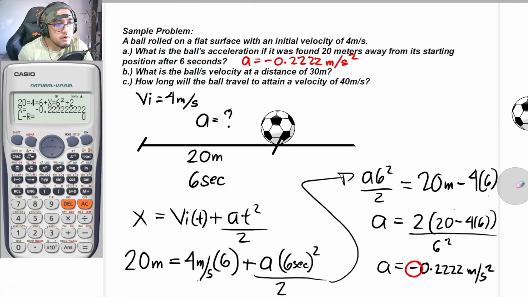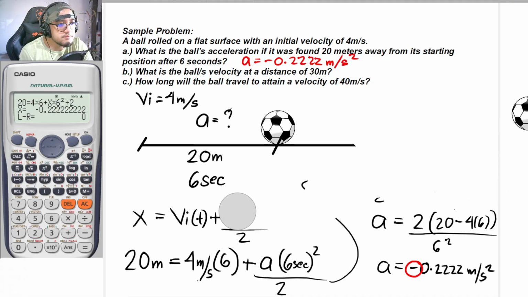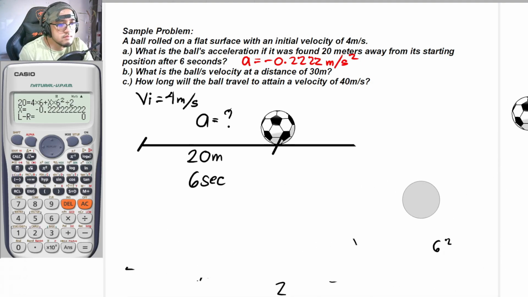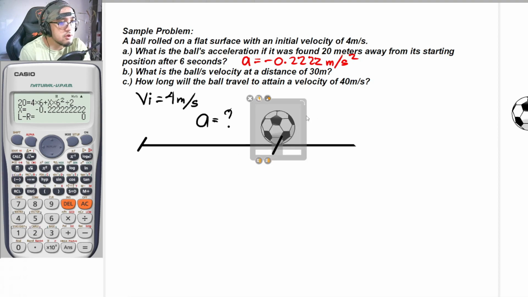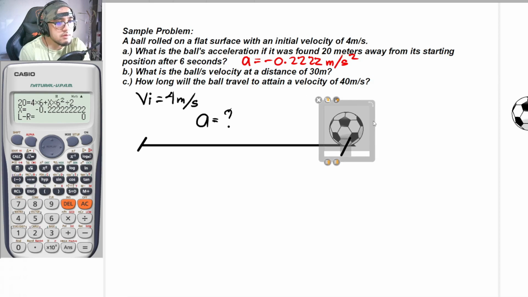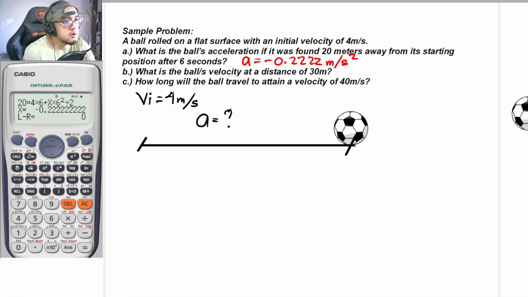Okay, so moving forward, I would just be erasing this, and let us now proceed with the next question. It is said here, what is the ball's velocity at a distance of 30 meters? So let's say that your ball has traveled this much.